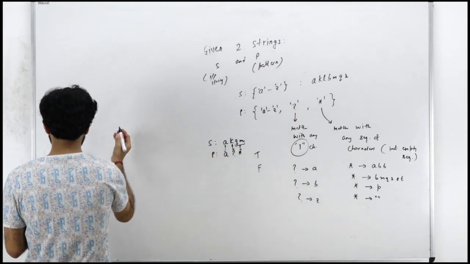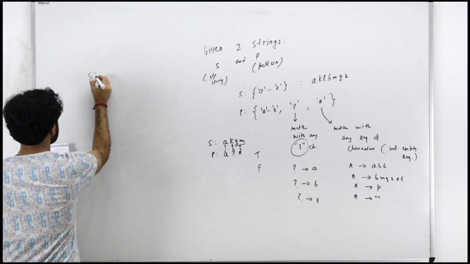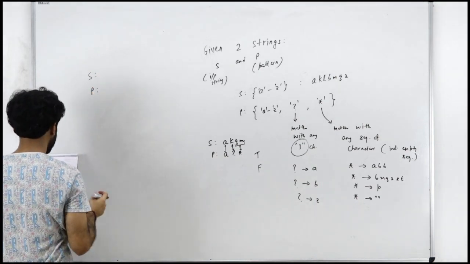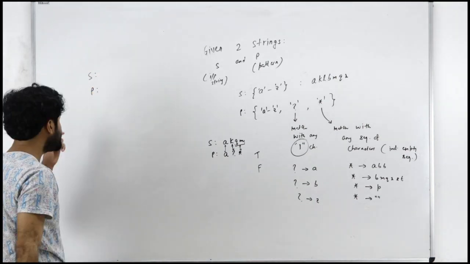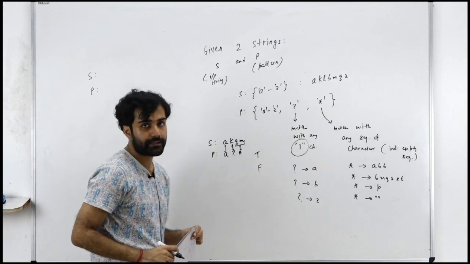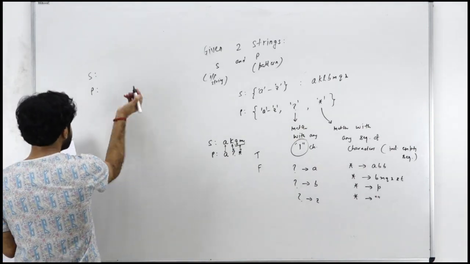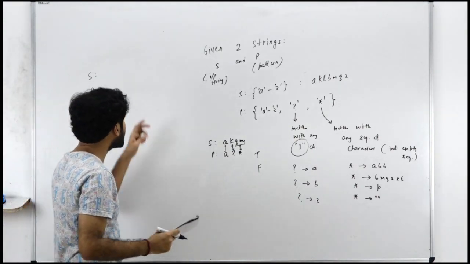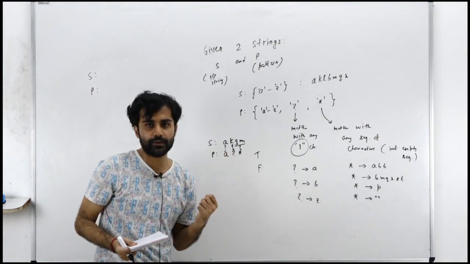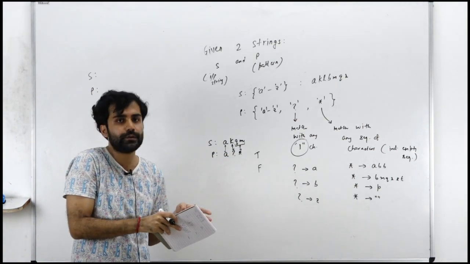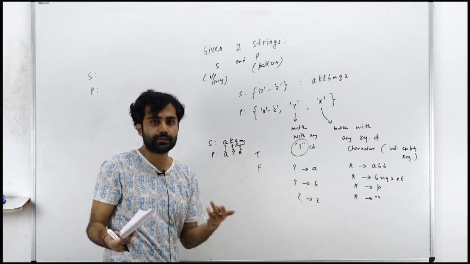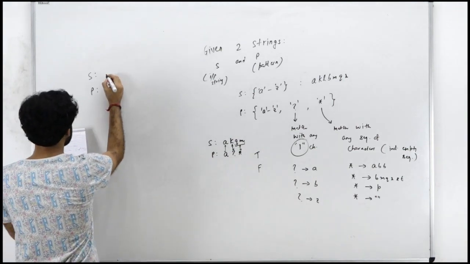So let's say I have been given a string S and I have been given a pattern P, and I have to check whether both of them match against each other or not. So let's say I start matching from the last characters. You can start from the first character also, you can start from the last character also, it's your choice. So let's say you start from your last character.